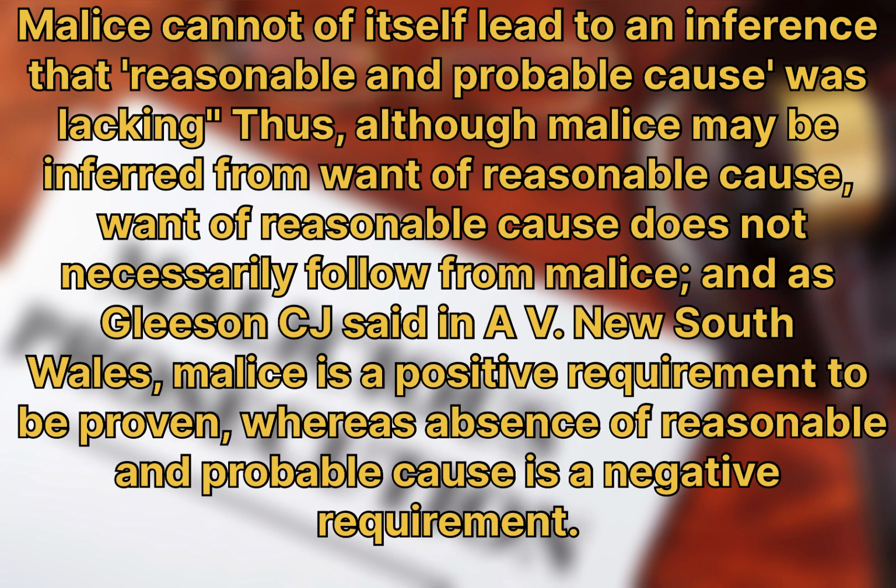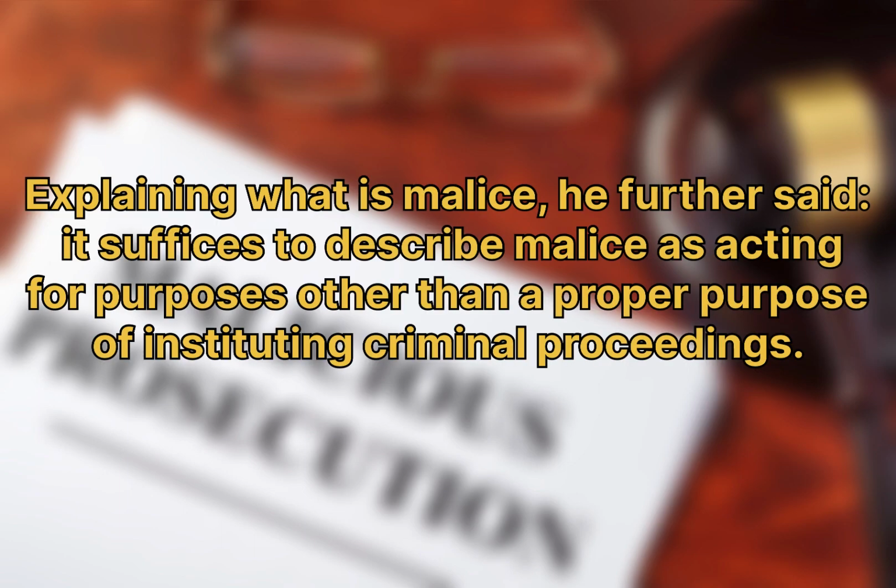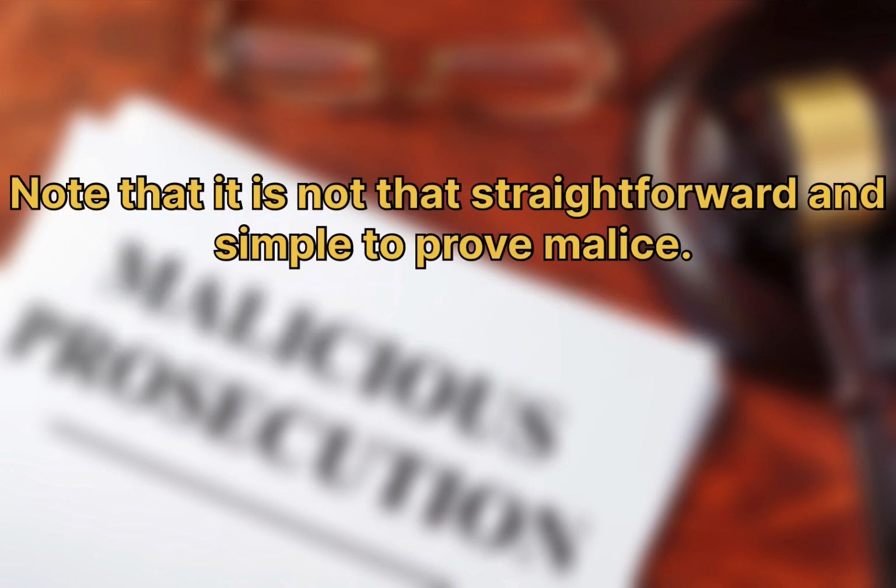And as Gleason CJ said in AV New South Wales, malice is a positive requirement to be proven, whereas absence of reasonable or probable cause is a negative requirement. Explaining what is malice, he further said, it suffices to describe malice as acting for purposes other than a proper purpose of instituting criminal proceedings. Here we are to note that it is not that straightforward and simple to prove malice.